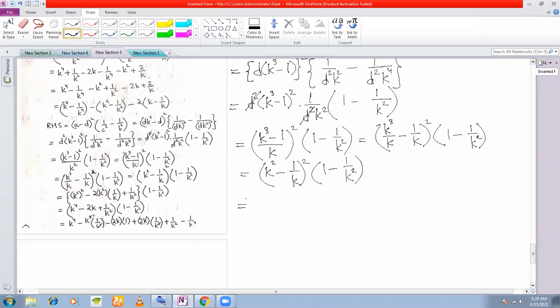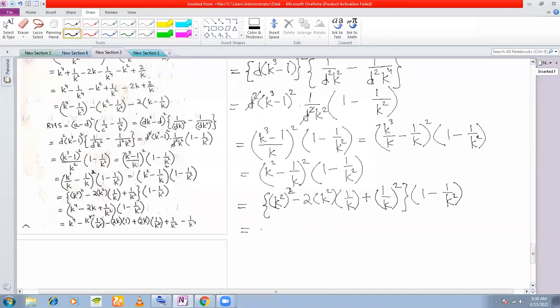Now you expand the first one. If you expand the first one, how much will you get? K a square minus 2ab plus b square, into 1 minus 1 by k square.